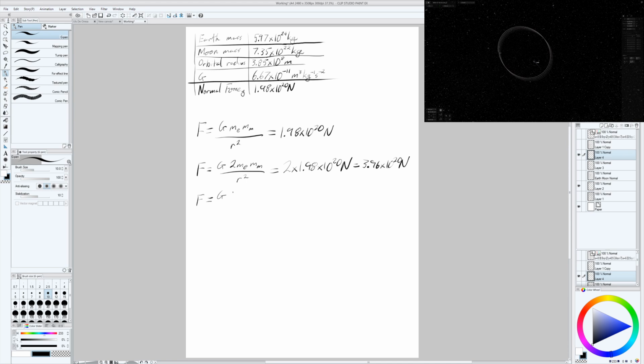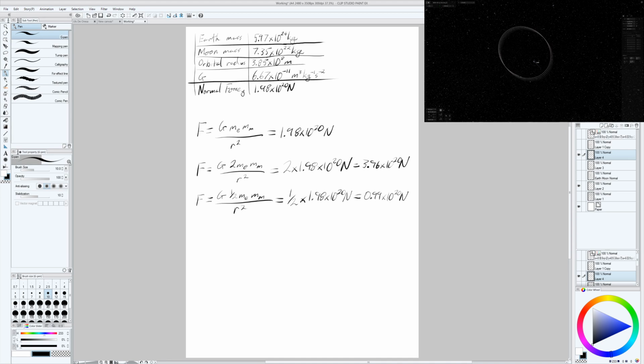We can then go, okay, a half mass of Earth, mass of the Moon, divided by r squared is equal to a half times 1.98 times 10 to the 20 newtons, which is equal to 0.99 times 10 to the 20 newtons. And that's half of it.